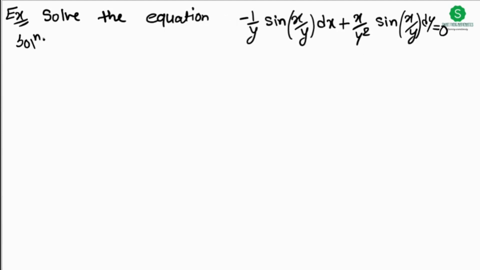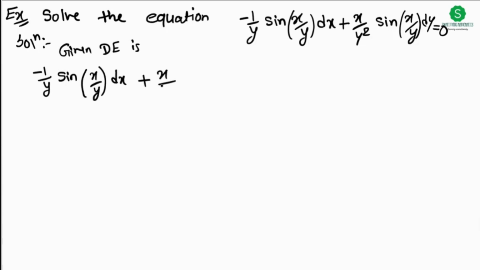So therefore, the given differential equation is minus 1 upon y sine x by y dx plus x upon y square into sine x by y dy equals 0.